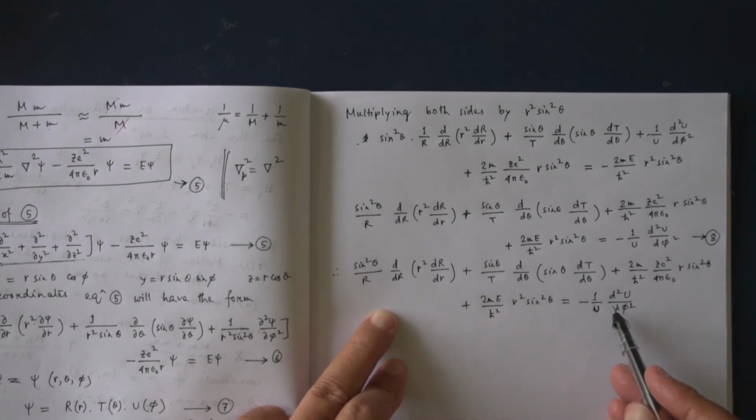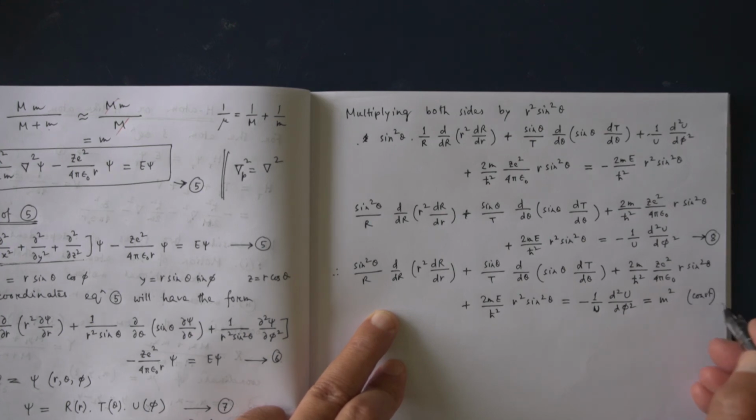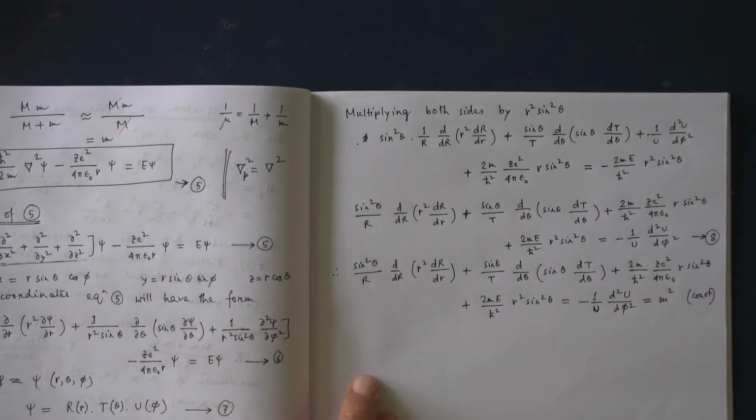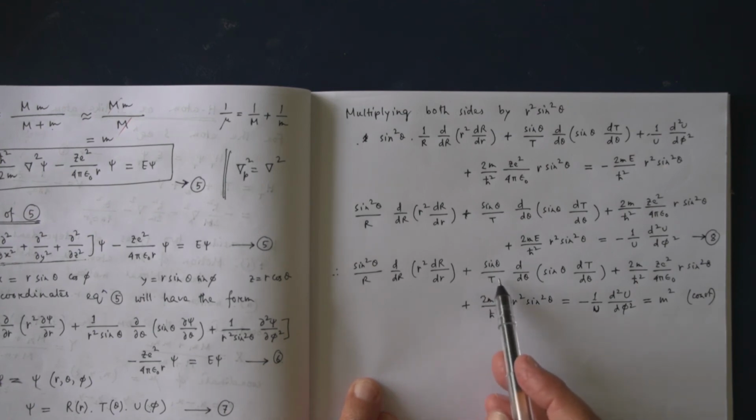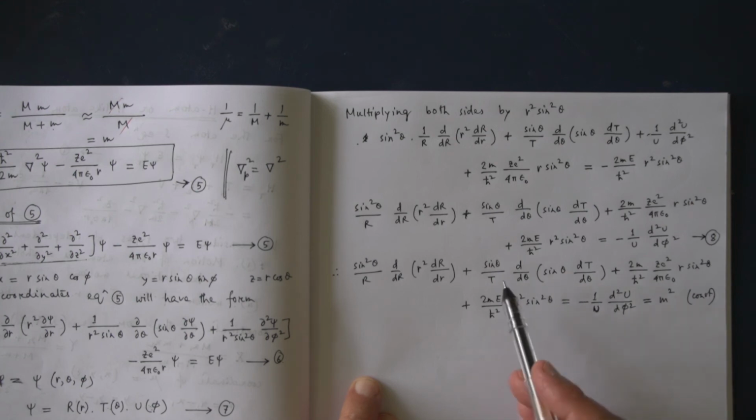This is equal to some constant, let me call this m² constant, because the left-hand side depends on r and theta, independent of phi, and the right-hand side depends on phi only, independent of r and theta.